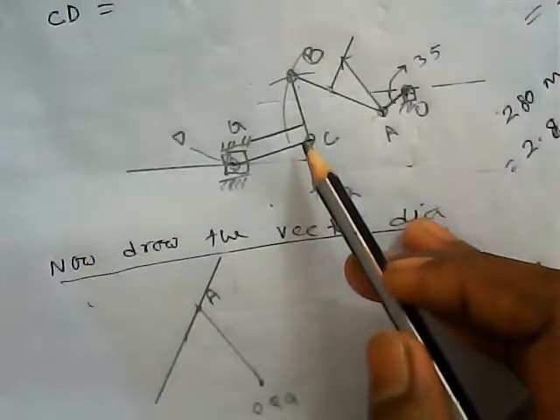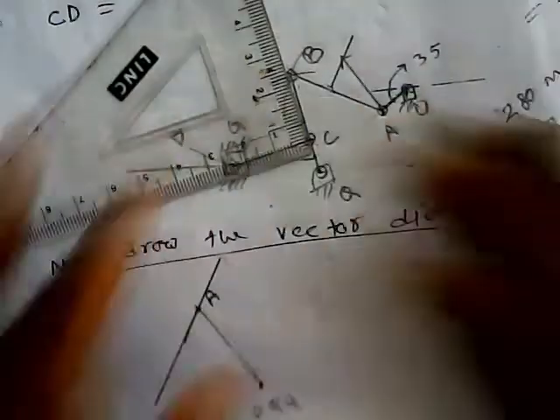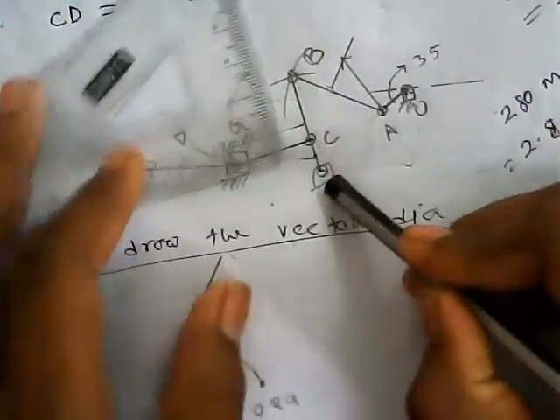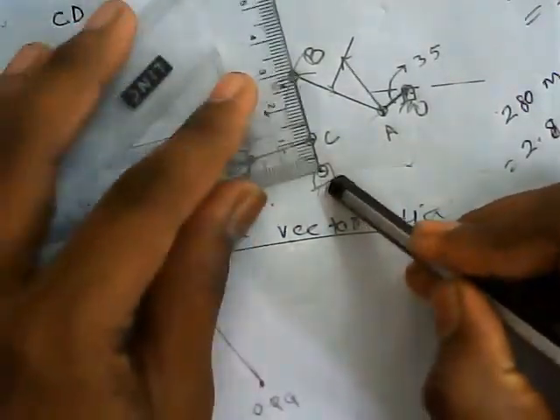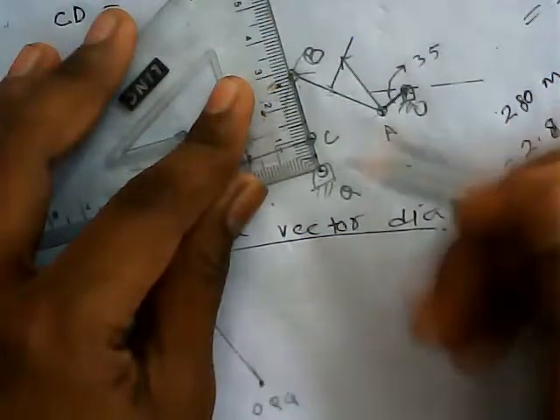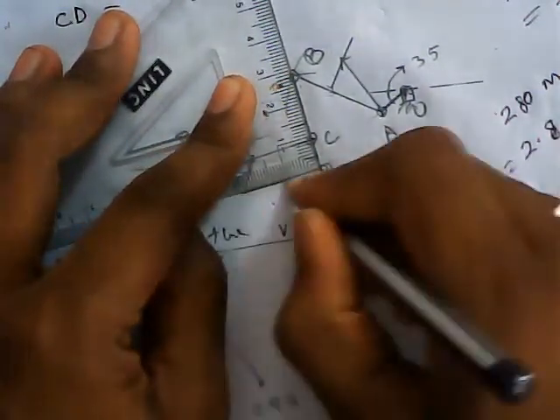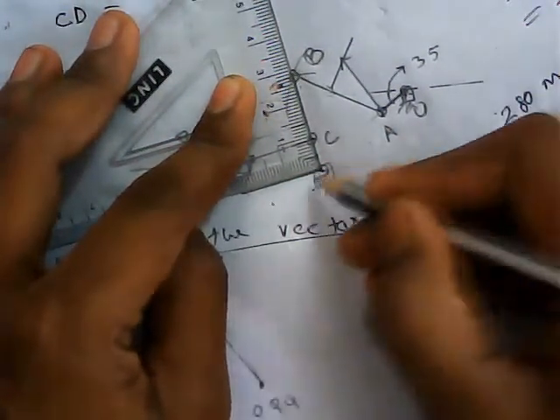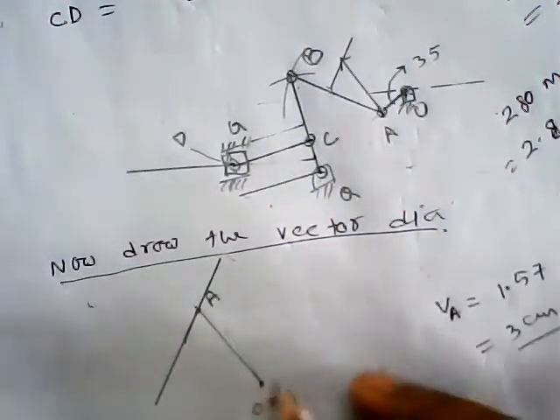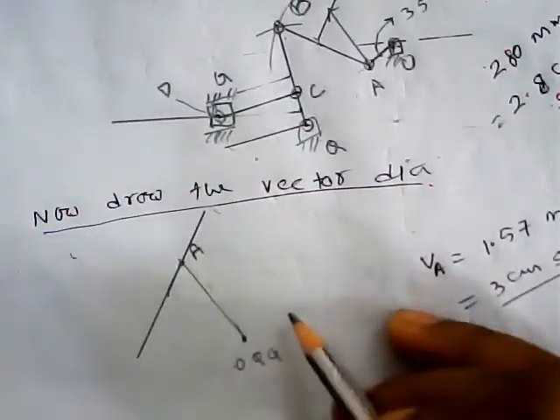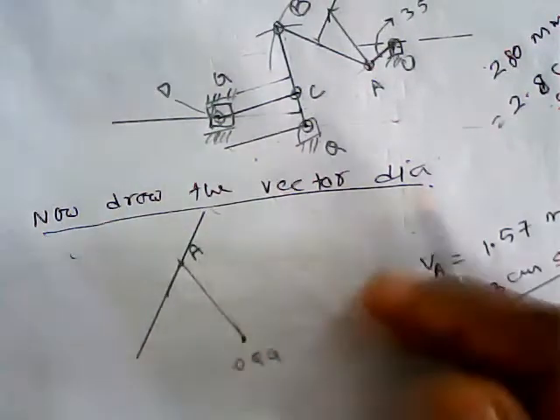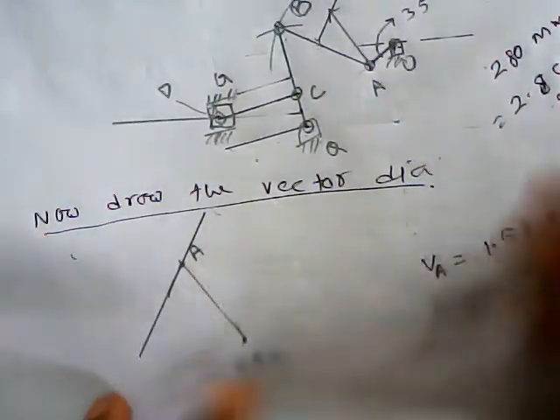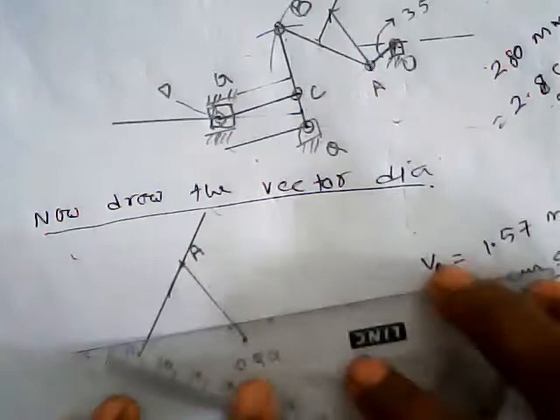Now with respect to C, velocity of B with respect to C, the perpendicular on QC which is passing through C. Velocity of QB, not QC, B, not CB, QB.